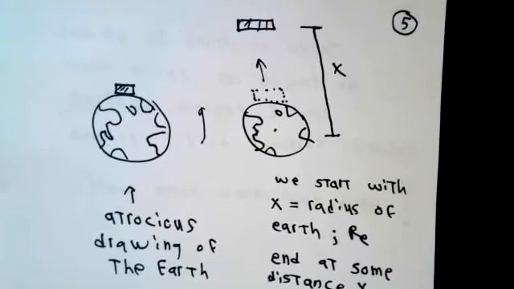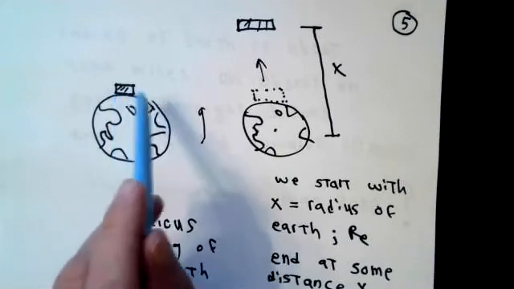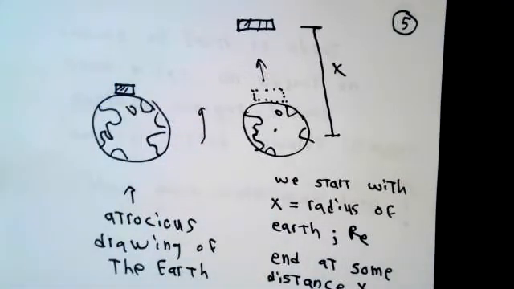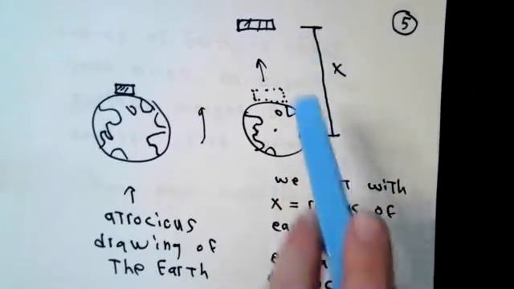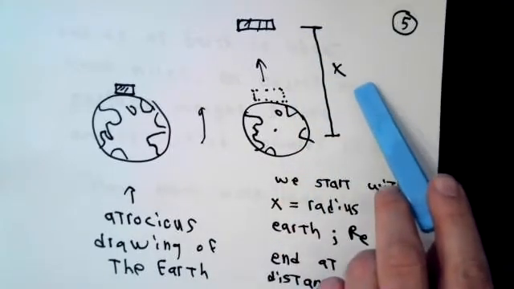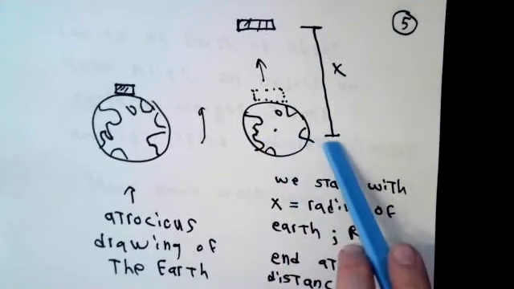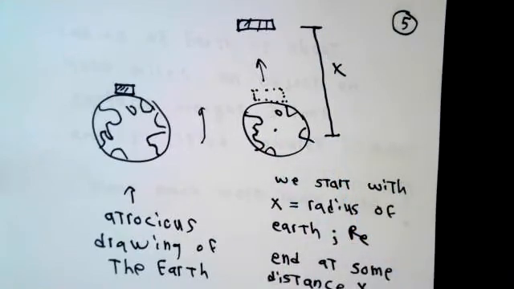You'll have to suffer my atrocious drawing of the Earth, but I'm going to imagine I've got some object. It has a mass, which I'm not worried too much about at the moment. It also has a weight at the surface of the Earth. We're going to lift this object upwards until it's x units from the center of the Earth, and we want to figure out how much work is involved.